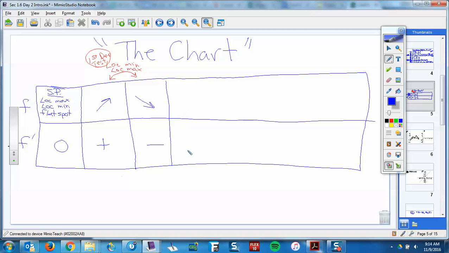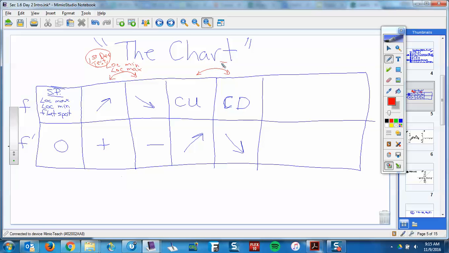Increasing. F prime could be increasing, which tells you that F is concave up, and F prime could be decreasing, which tells you that F is concave down, right? And if you switch these two columns, what do you got?